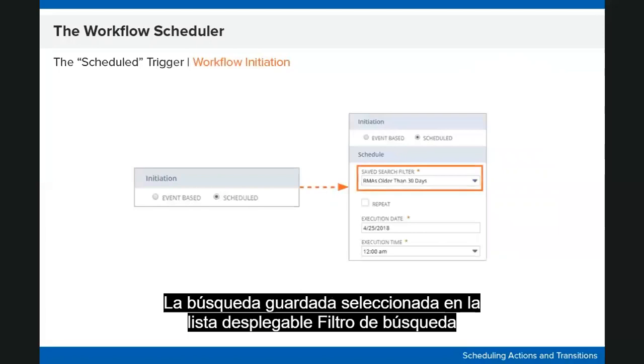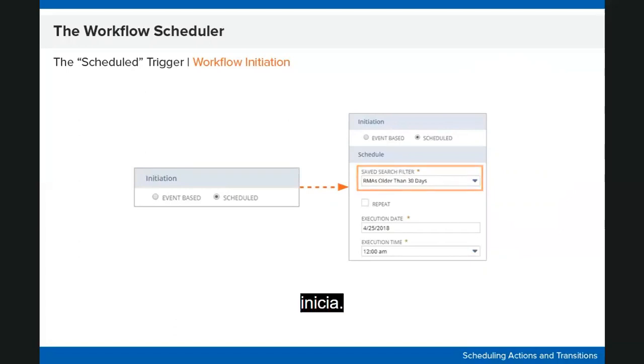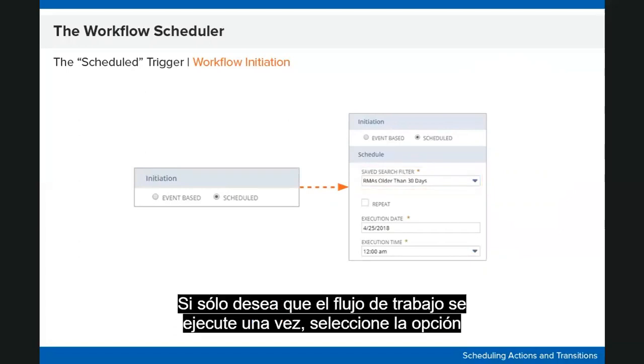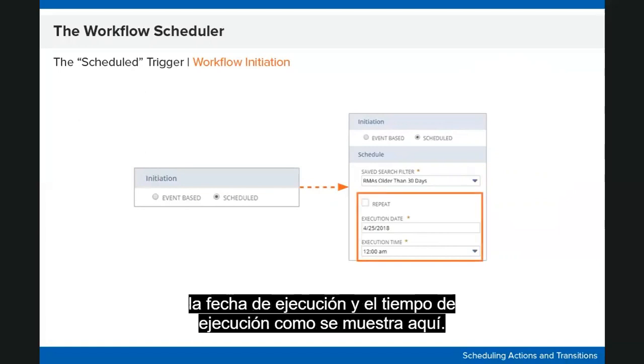The Save Search selected from the Save Search filter drop-down list provides the workflow with records to process when it's initiated. If you only want the workflow to run once, select the Save Search and disable the Repeat option, and then specify the execution date and execution time as shown here.